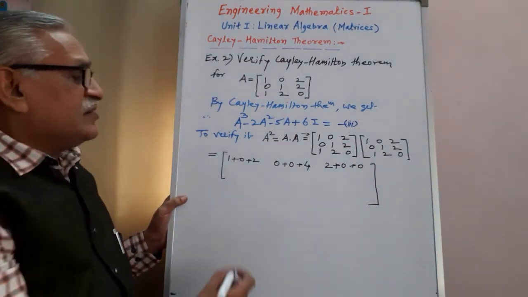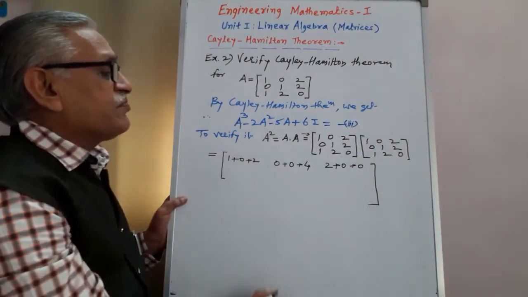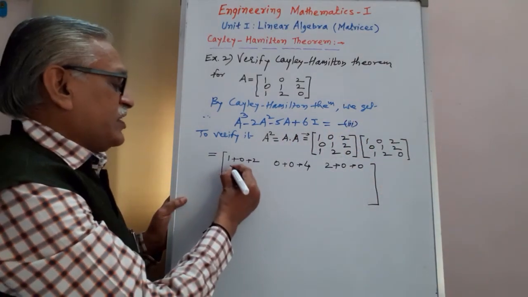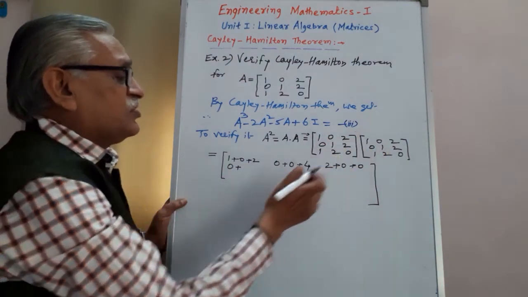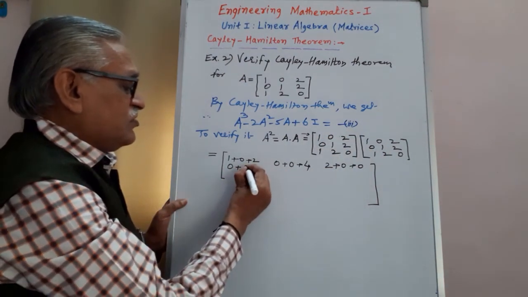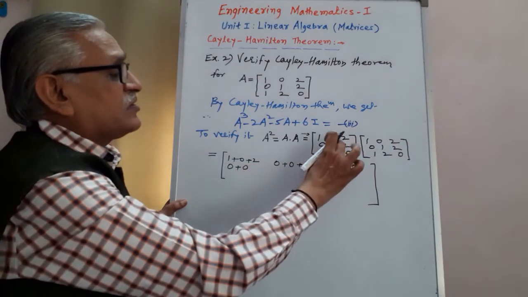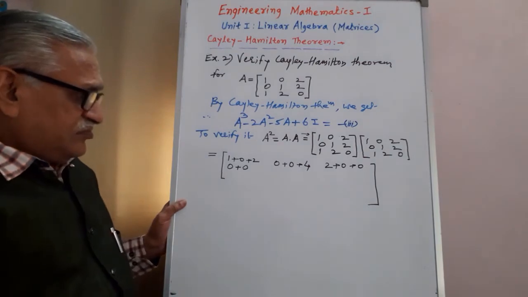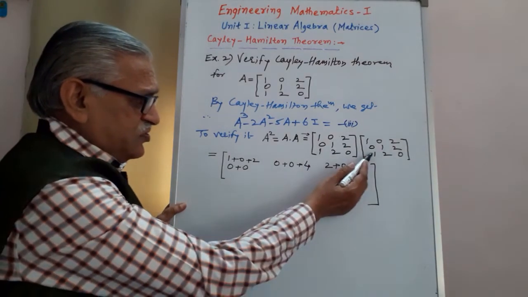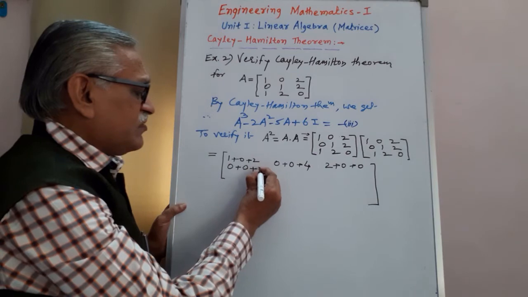Then by the second row to the first column, 0 into 1, we get 0. 1 into 0, 0. Then 2 into 1, we get 2.